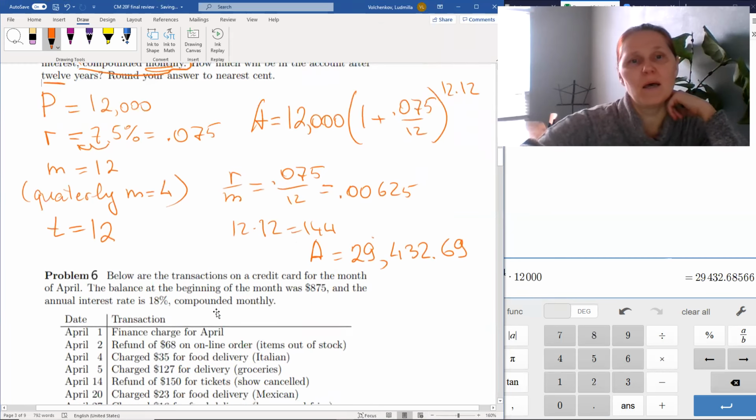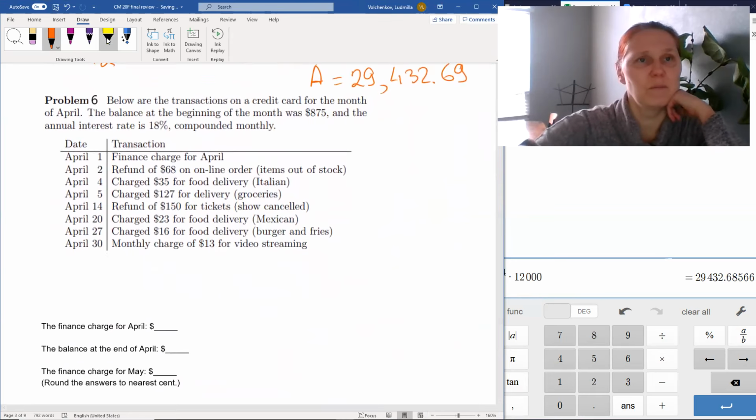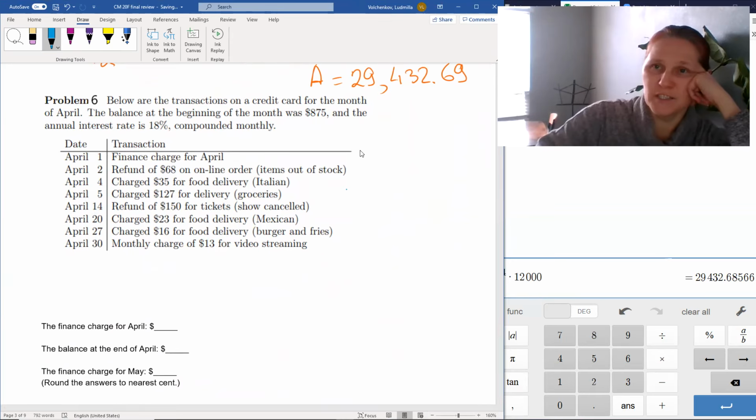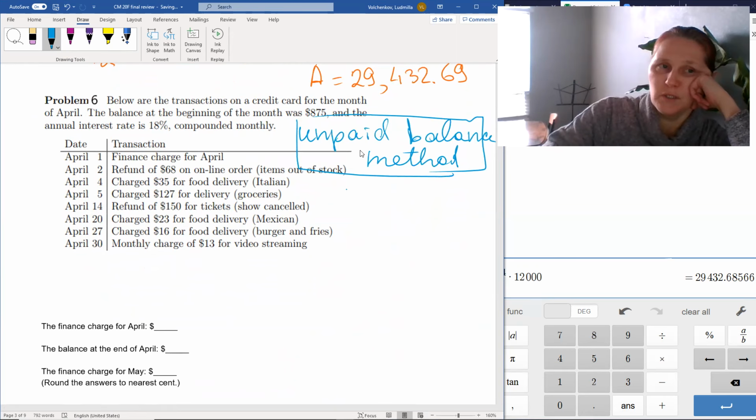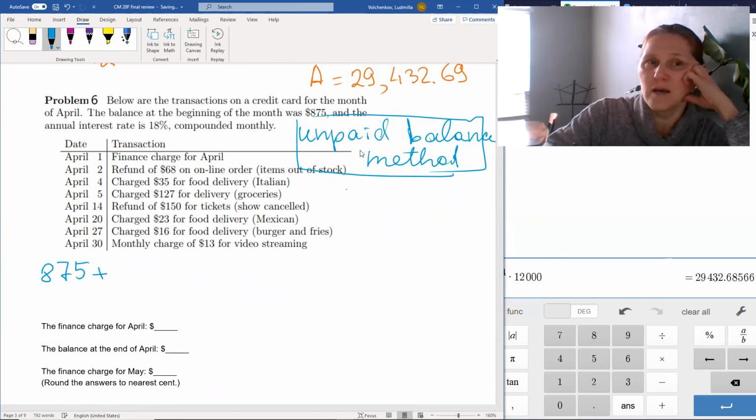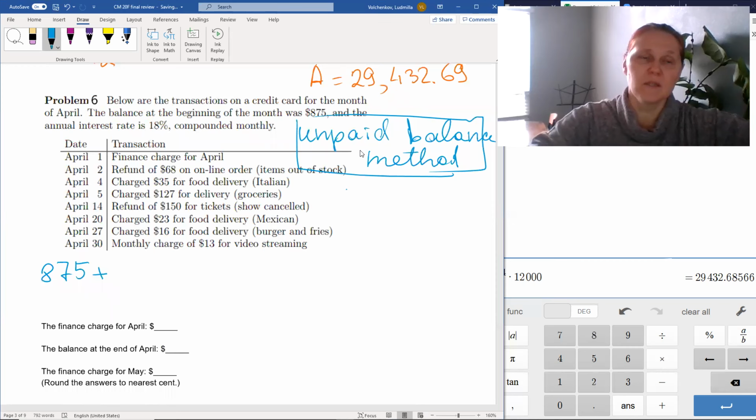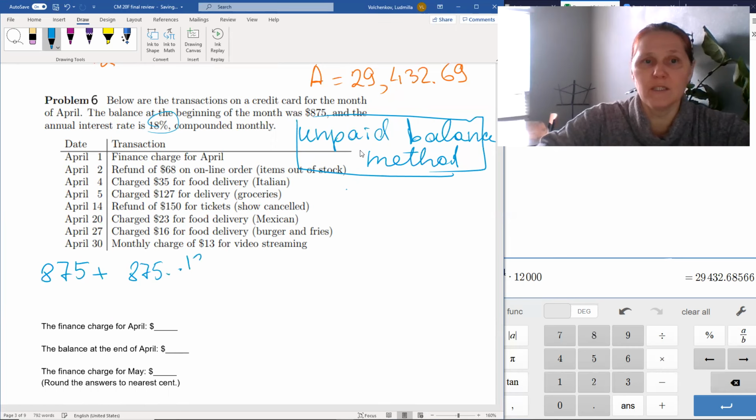The next problem is the unpaid balance method. We have a credit card account. We take the last month's balance, which is 875, add the finance charge for this month based on the last month's balance of 875 times the interest rate divided by the number of compounding periods, so 0.18, of course in decimal form, divided by 12.